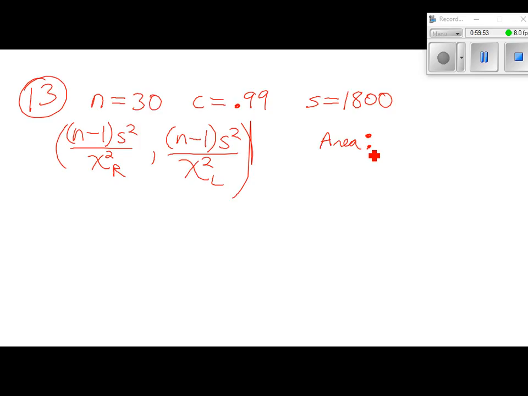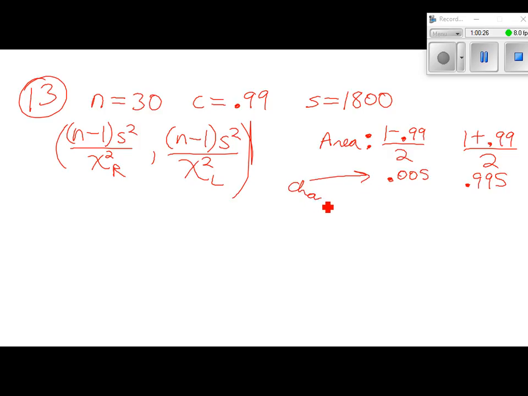To do that, we got to do the areas. 1 minus 0.99 divided by 2, and 1 plus 0.99 divided by 2. That's 0.005, isn't it? This is 0.995, is that right? Then where do we go from there? Use the chart, what else do we need?